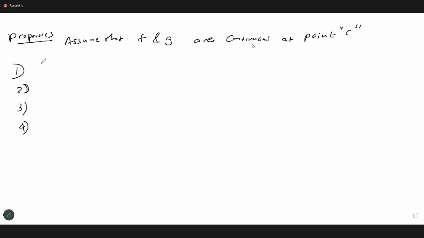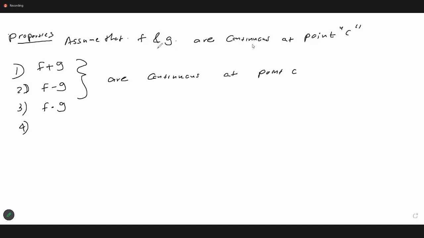So what are those? f plus g is the first one. Then we have to think about f minus g, then f dot g, right? These are continuous at a point C.